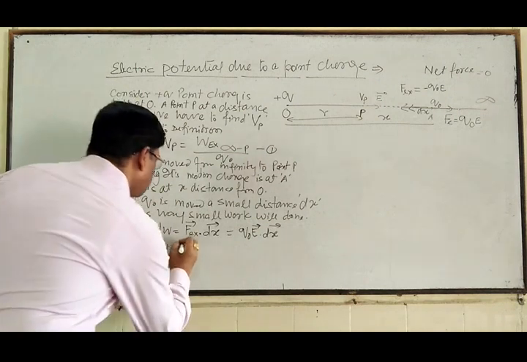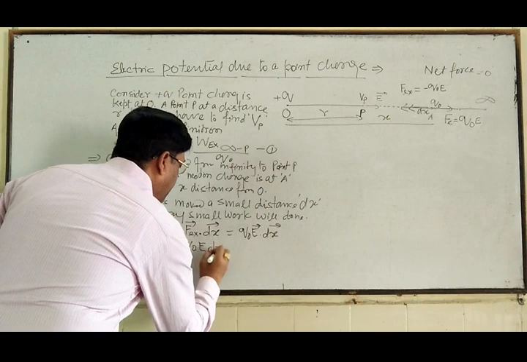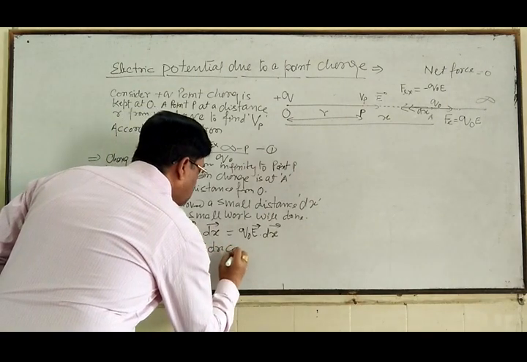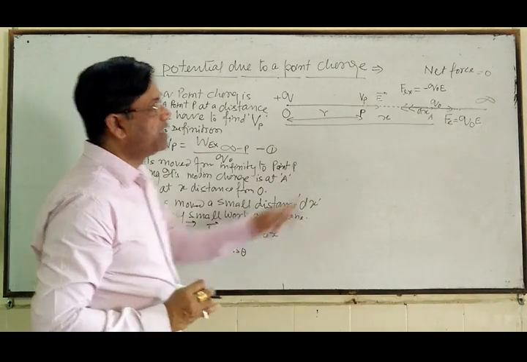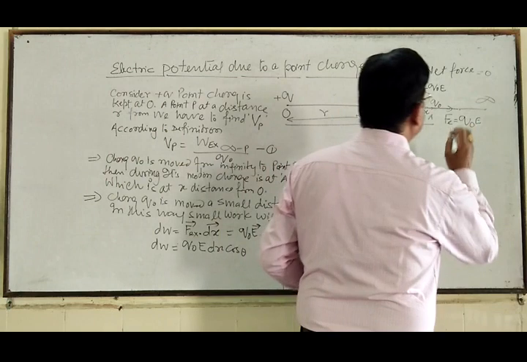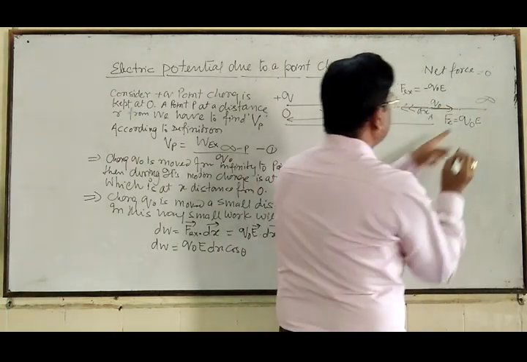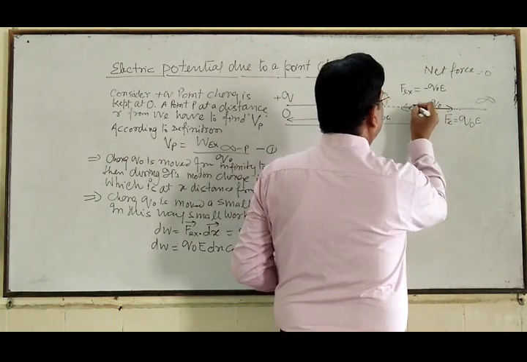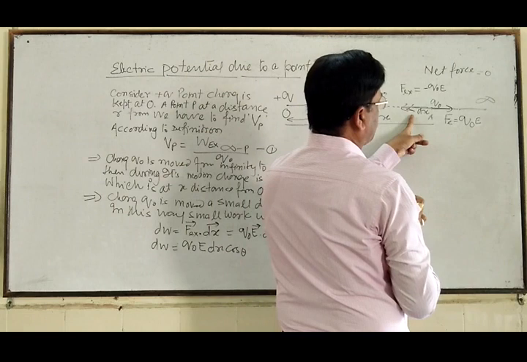this Q naught E dx cos. And what is the theta? Theta you can see here. Theta, the direction of E is here. This force is in this direction, and this external force is in this direction.